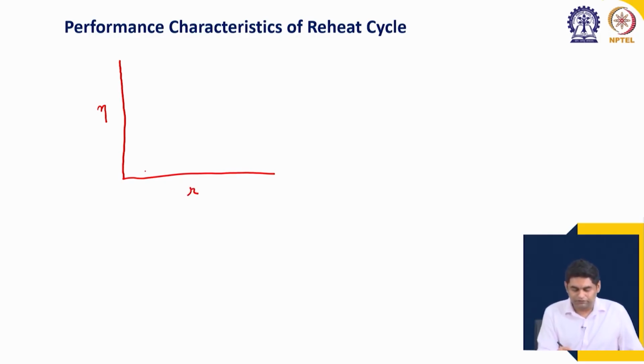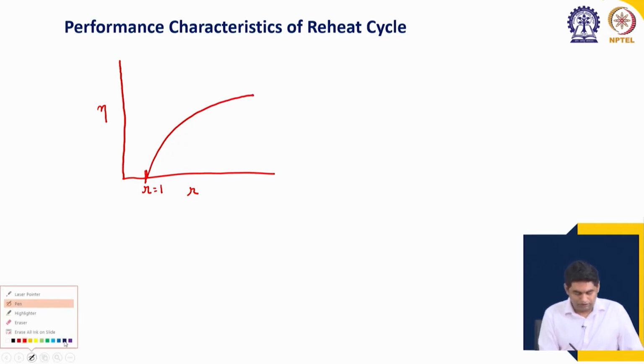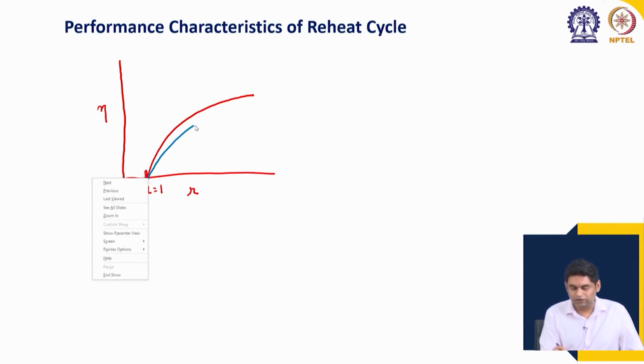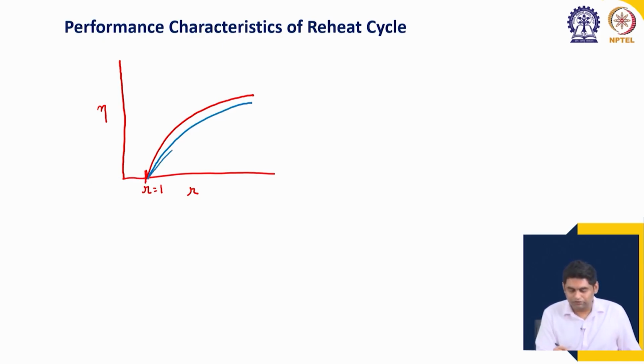So, if the efficiency for standard Brayton cycle varies like this, for the reheat cycle the efficiency will vary as, will be slightly lower, okay, slightly lower, and is also a function of T. So, after plotting this can be obtained.